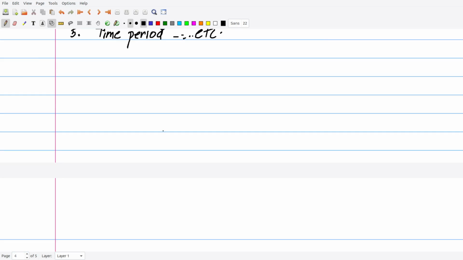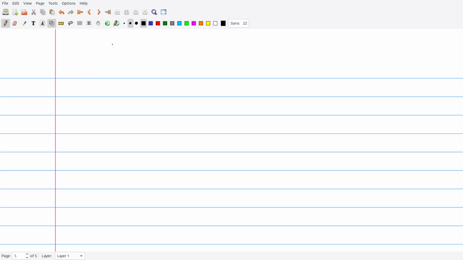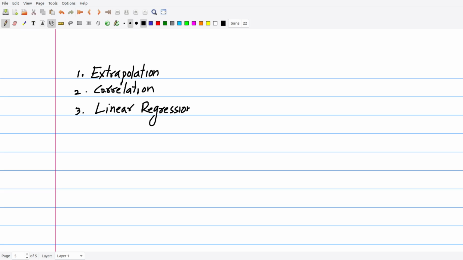Okay, now we'll directly move to methods. So mathematical methods. The first method, you know this method, you've done it already, is called the extrapolation method. Second method is correlation, this is double R. Then third method is linear regression model.